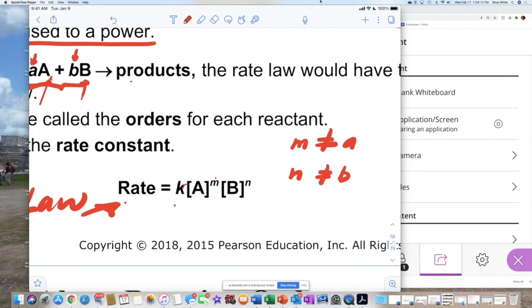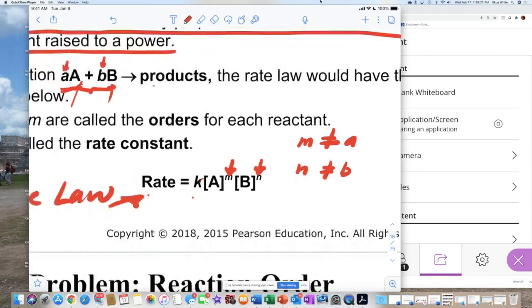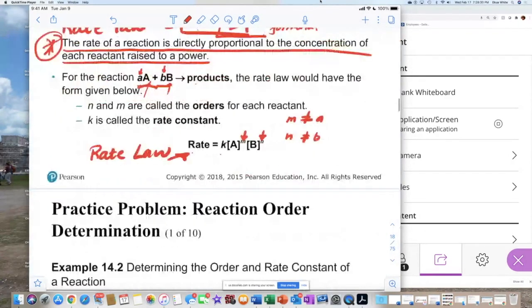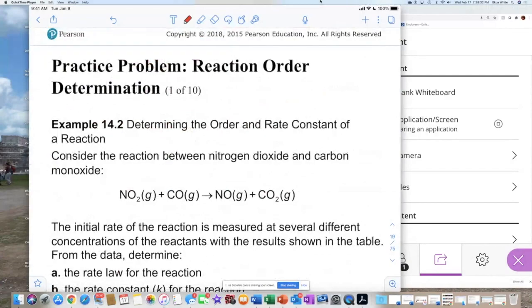What they're trying to communicate is that these powers you're going to have in the rate law are not the coefficients from the balanced equation. So m did not come from the balanced equation. n did not come from the balanced equation. They came from somewhere else. Once again, guys, feel free to rewind.